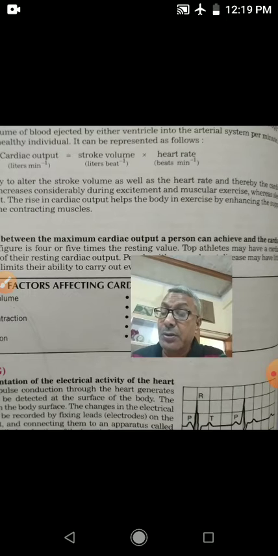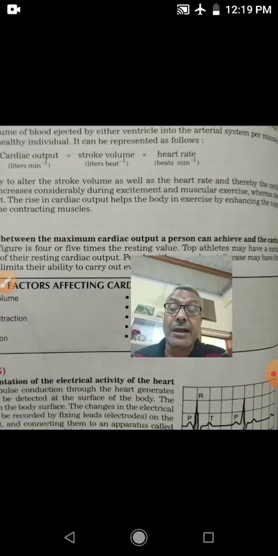Cardiac output is affected by some factors. Those factors are emotional state, gender, age, body temperature, and baroreceptor reflex. So these are the factors which affect the cardiac output.